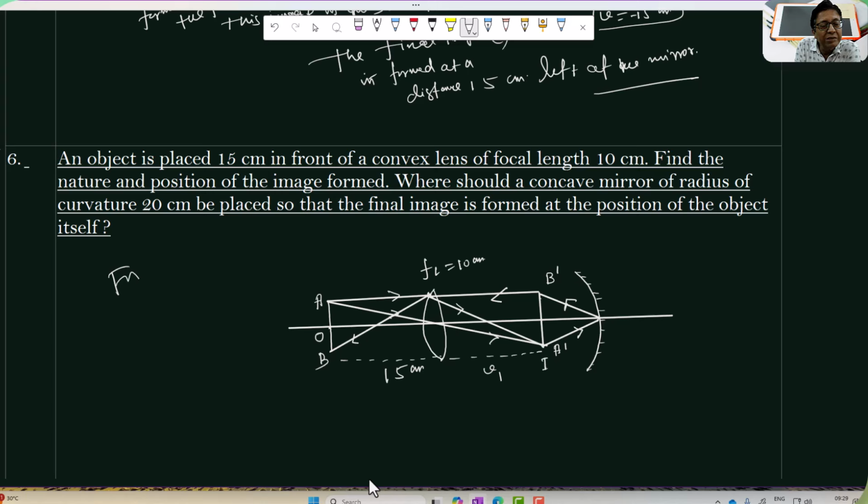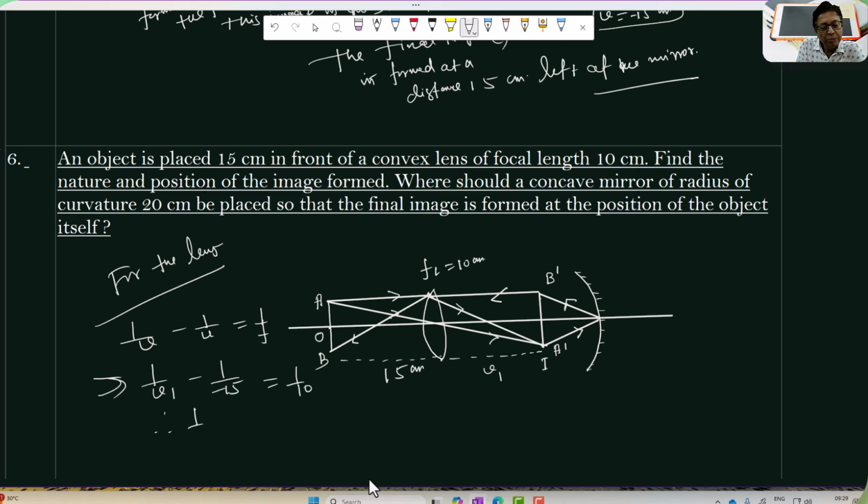So for the lens, 1 by v minus 1 by u equals 1 by f. 1 by v1 minus 1 by minus 15 equals 1 by 10. So this is 1 by 10 minus 1 by 15, that is 30, 3 minus 2. So v1 is 20.